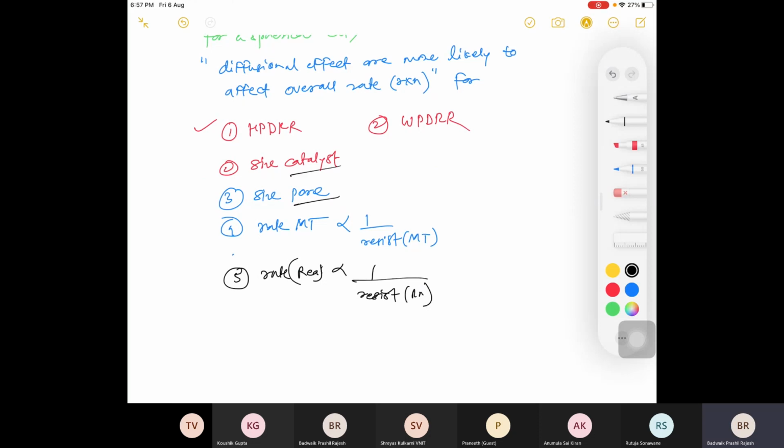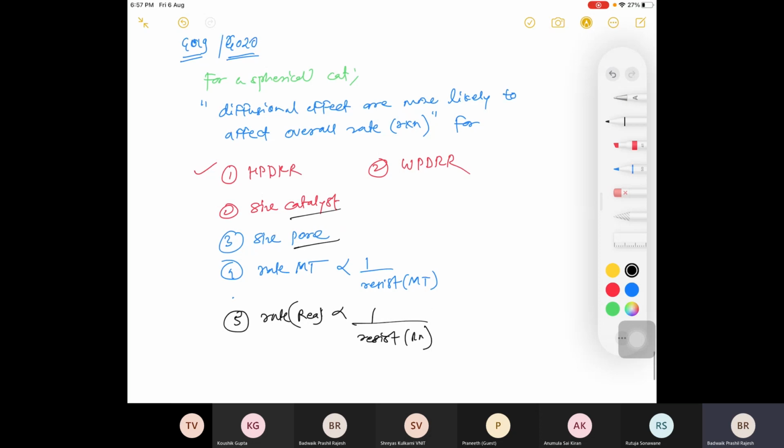Okay, this much only. So you read this sentence and tell me whether it will be high pore or weak pore, out of these two only, and based on this you will have these conditions. So diffusional effects are decreasing your overall rate, right? This is the meaning of the sentence.